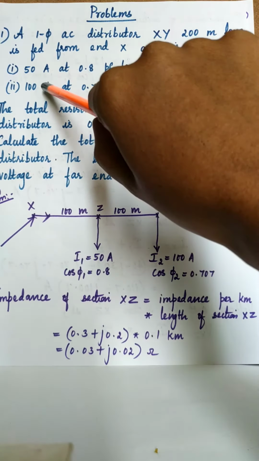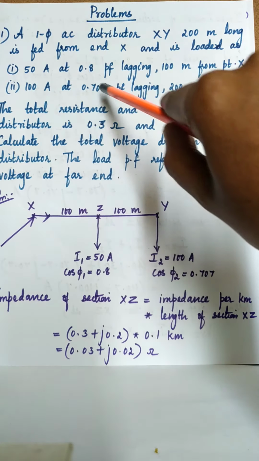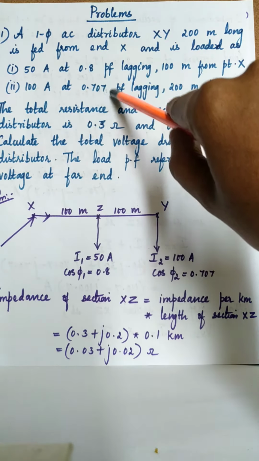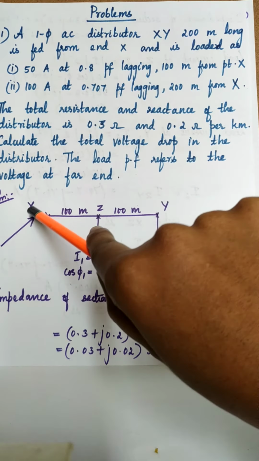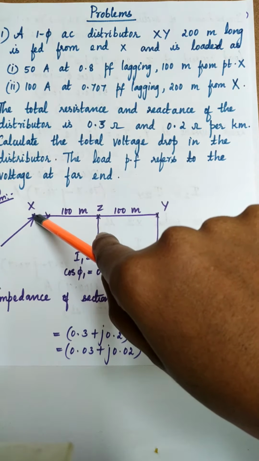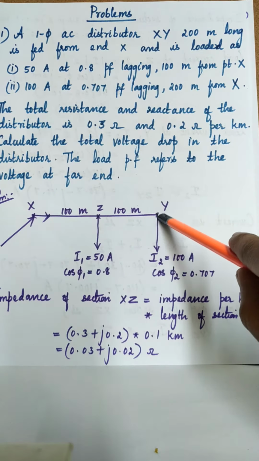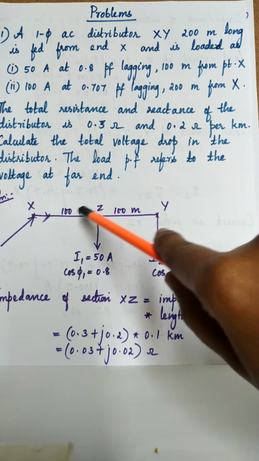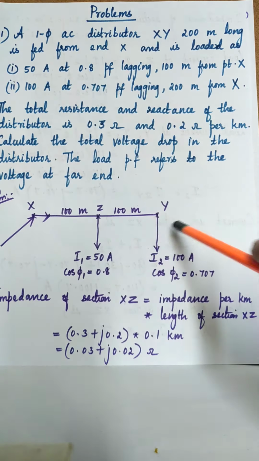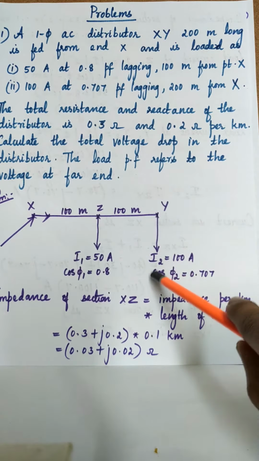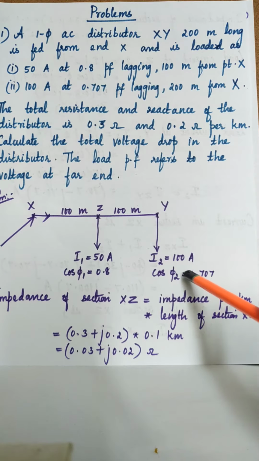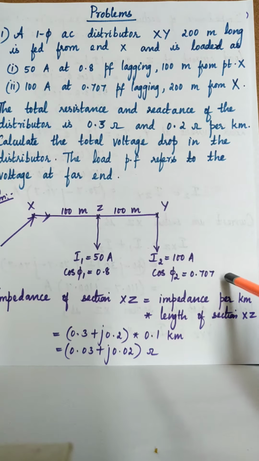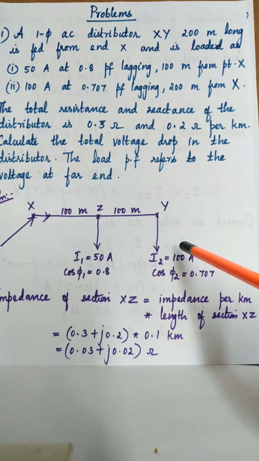Then the second load is 100 ampere at power factor 0.707, 200 meter from X. X is the sending end, so 100 plus 100 is 200, and that is the receiving end. The magnitude of current I2 is 100 ampere and the power factor at that load, cos phi 2, is equal to 0.707.